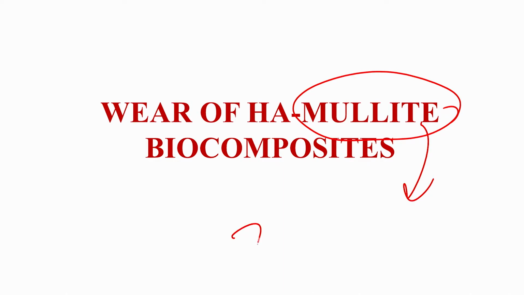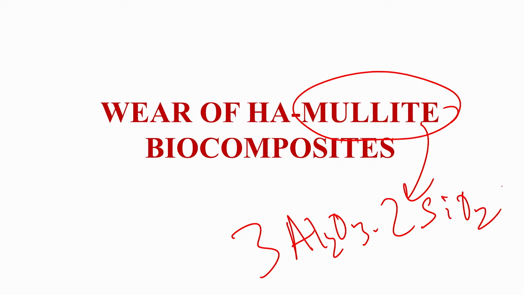Mullite is a solid solution of alumina and silica. So, essentially mullite has a typical composition of 3:2, 3 alumina and 2 silica. So, it is a solid solution of alumina and silica in 3:2 ratio, and when you add mullite to hydroxyapatite, we are expecting that there should be an increase in the hardness and strength of the material.